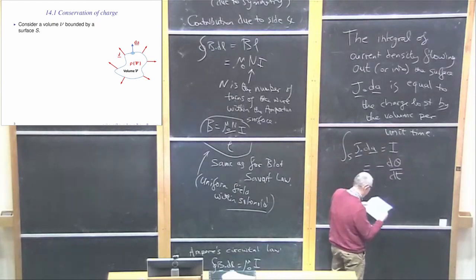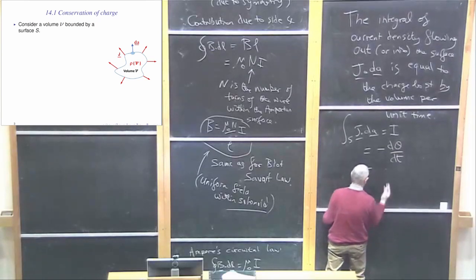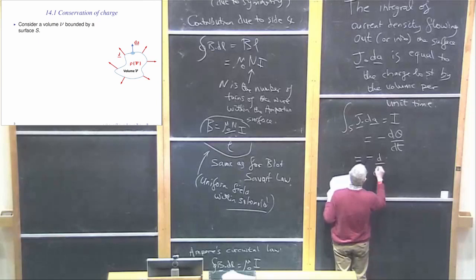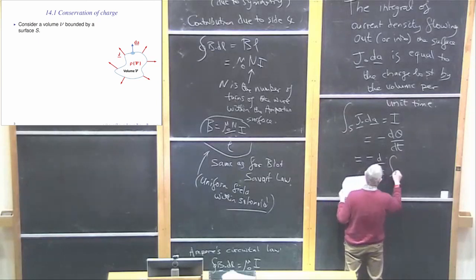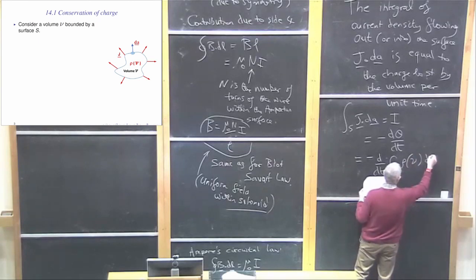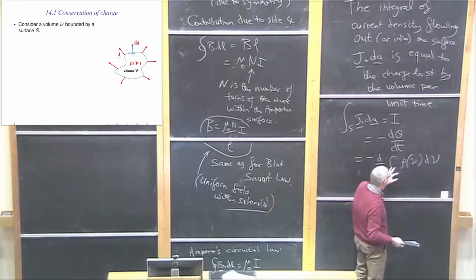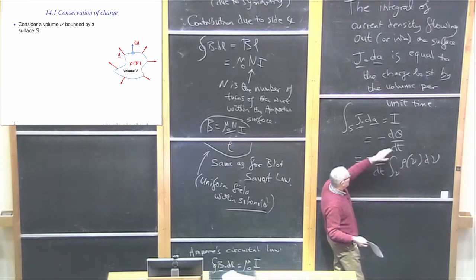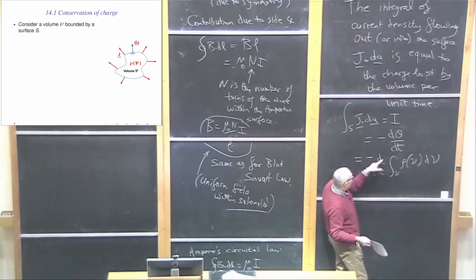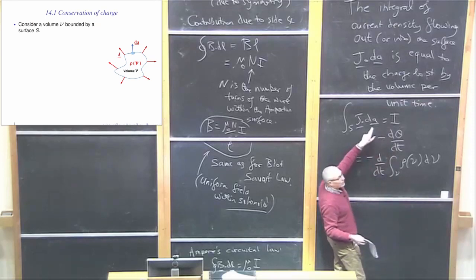This is the charge within the volume, which in terms of charge density is d by dt of the integral over the volume of rho dV. I integrate the charge density over the volume to get the charge, and then I differentiate with respect to time to get the current, which equals the integral of J dot dA, in terms of the current density.